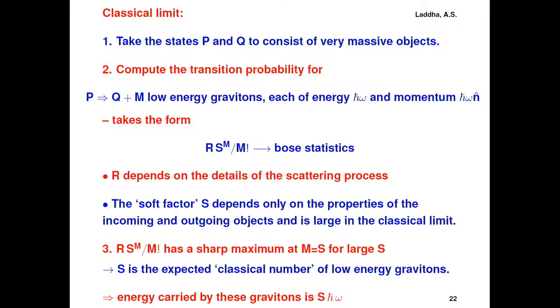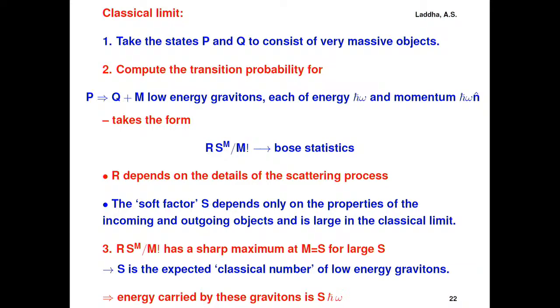R is complicated to calculate; it depends on the details of the scattering process. S, on the other hand, is what is called a soft factor. This depends only on the properties of the incoming and outgoing objects, and furthermore it is large in the classical limit. So while we do not know how to compute R without knowing the details of the theory, we do know how to compute S.